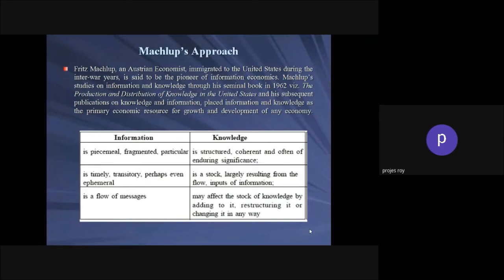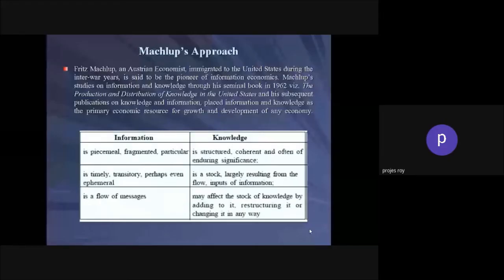And he differentiates two concepts, information and knowledge. Information he describes as piecemeal, fragmented, particular, whereas knowledge is structured, coherent, and often of enduring significance. Another view: information is timely, transitory, perhaps even ephemeral, a flow, while knowledge is a stock, largely resulting from the flow, the input of information.